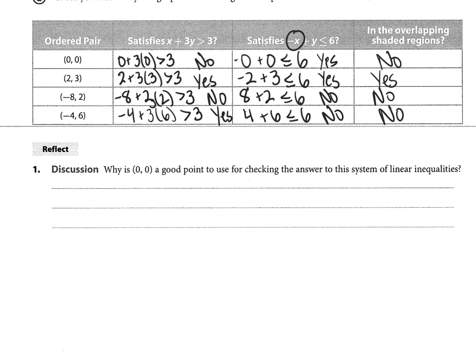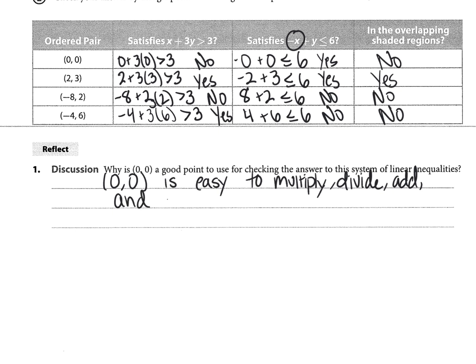Why is 0, 0 a good point to use for checking the answer to this system of inequalities? 0, 0 is easy to multiply, divide, add, and subtract.